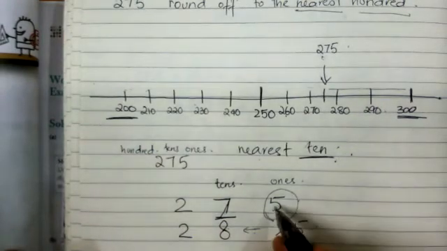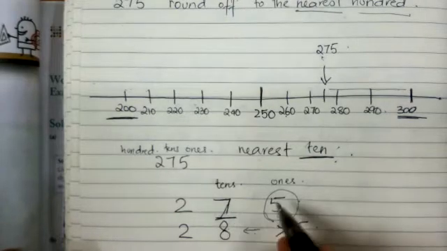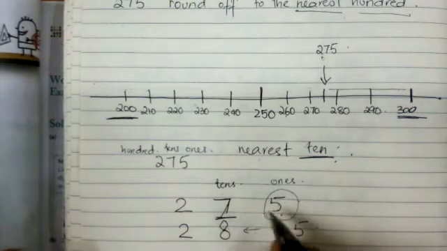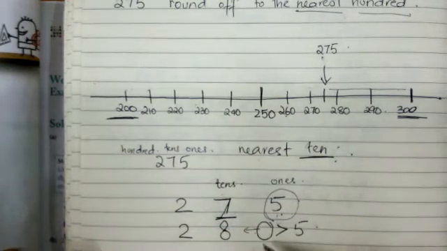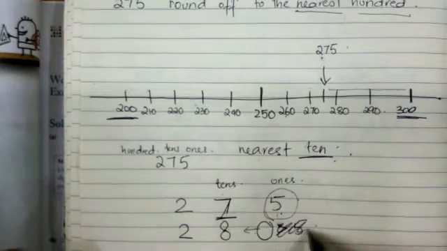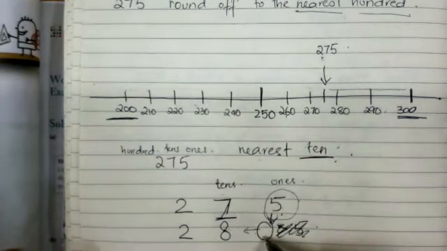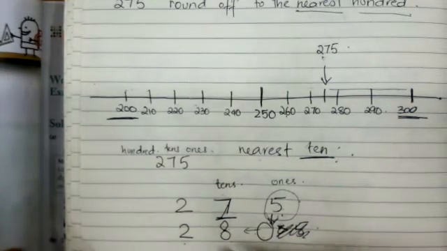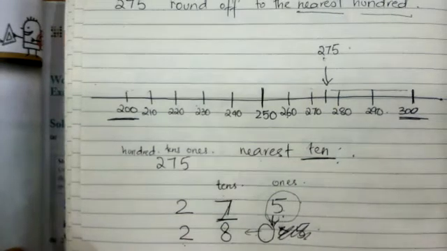And what happens to the digit which is next to the digit that we rounded off to? That will convert into 0. Why is that important? Why can't we just leave it? Why can't we just write 28? Yes or no?